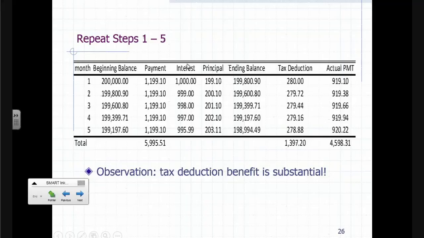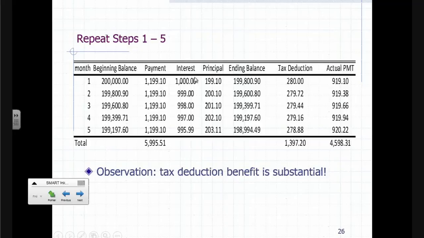The monthly interest rate in this case is 0.5%, so I got 1,000. Then this number minus this number gives you the principal, because your monthly payment is either interest or principal.